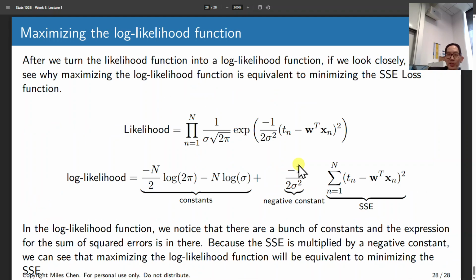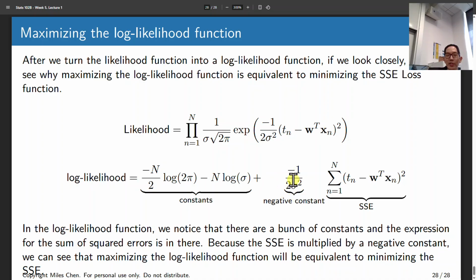Here we can inspect the likelihood function, and we get some insight as far as why maximizing the likelihood is the same as minimizing the sum of squared errors. And so here was our likelihood function. We said we want to maximize this, right? We want to find the W's that are going to maximize this likelihood function. And when we take the log of all of this, these things turn into constants.